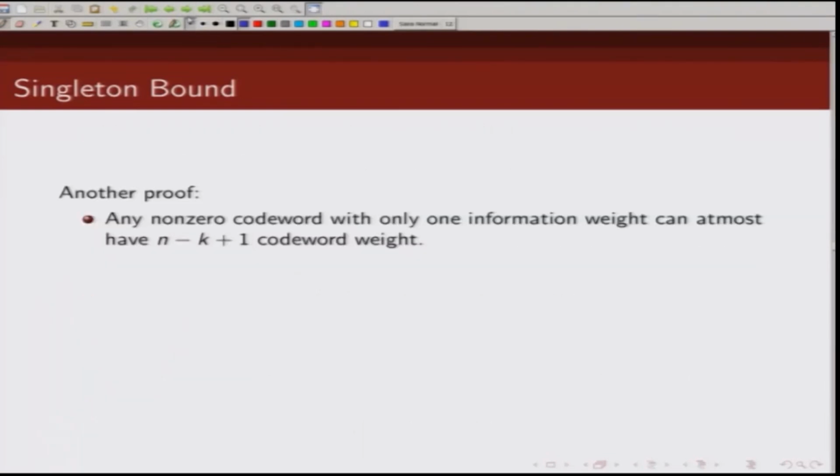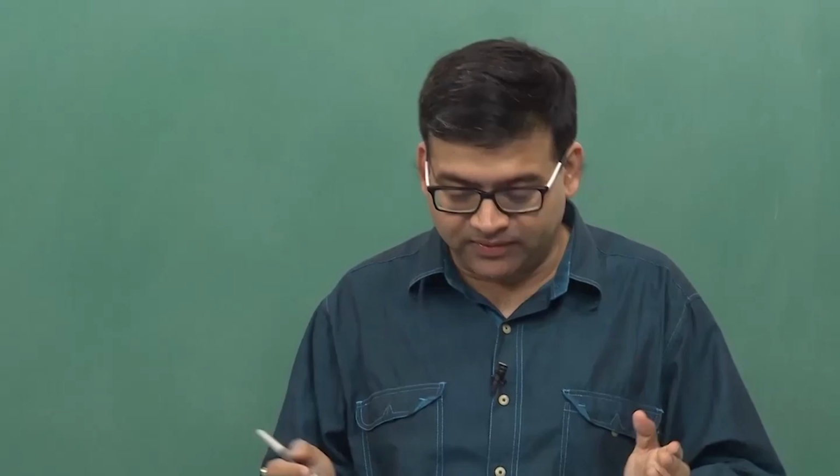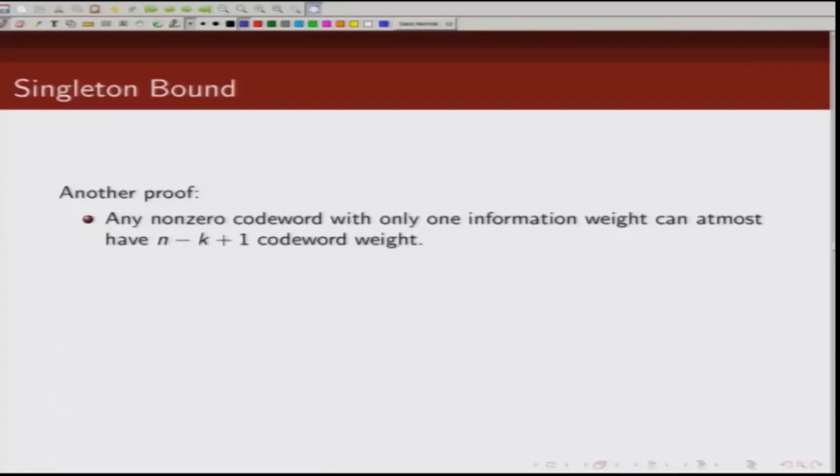Now, the same thing we can prove in a different way. I will just give you an alternative proof of the same result. So, what is the minimum weight non-zero information sequence? That would be weight 1, right. So, the minimum non-zero information sequence weight is weight 1.